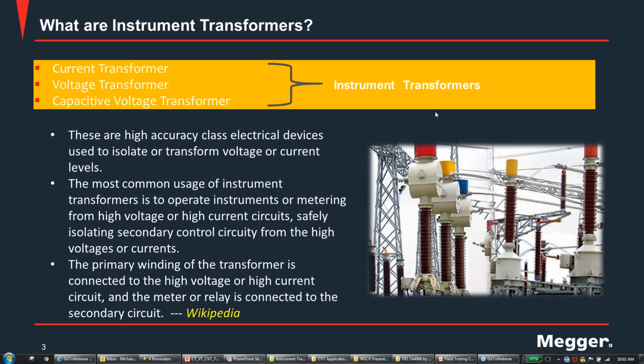The most common usage of an instrument transformer is to operate instruments or metering from high voltage or high current circuits and safely isolate secondary control circuitry from the high voltage or high current. The primary winding of the transformer is connected to the high voltage or high current circuit, and the meter or relay is connected to the secondary circuit. This is from Wikipedia.